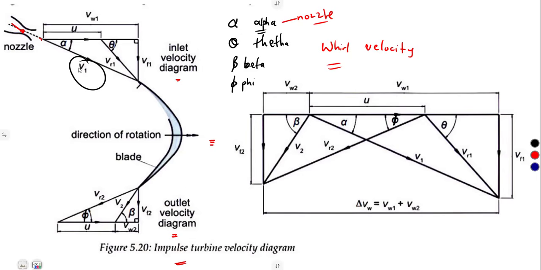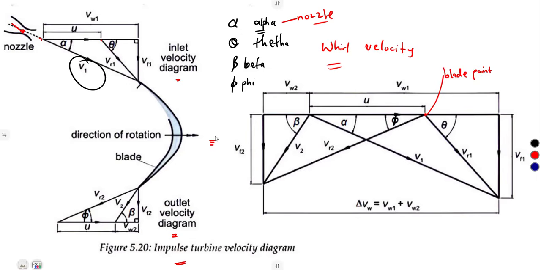So the gas that we have here strikes the blades and enters at an angle theta. It is entering the blade at this point, which we can call our blade point.